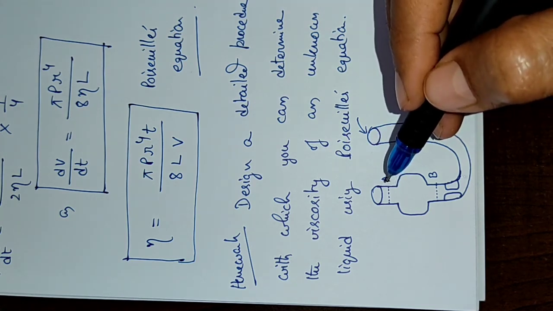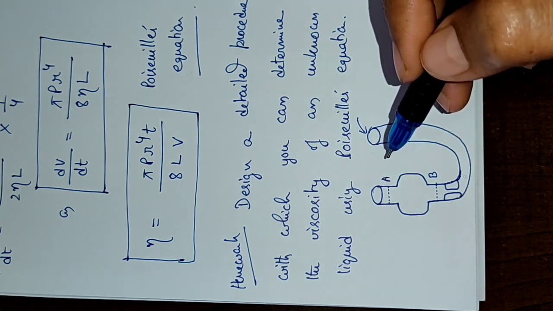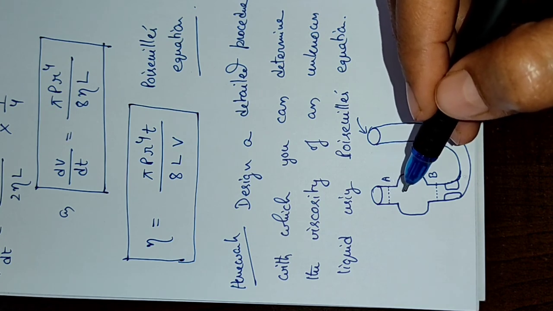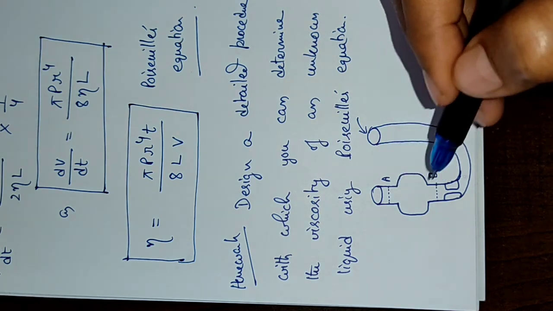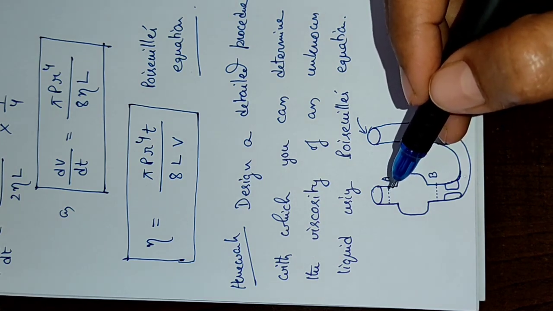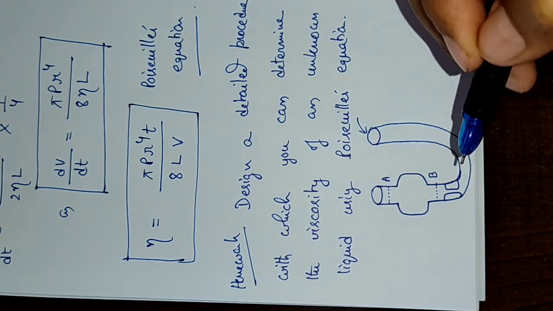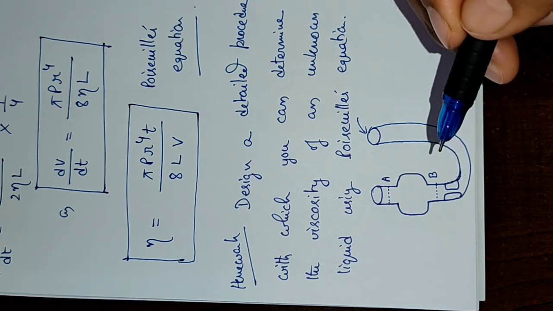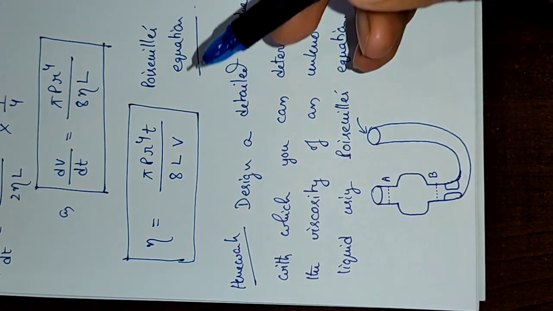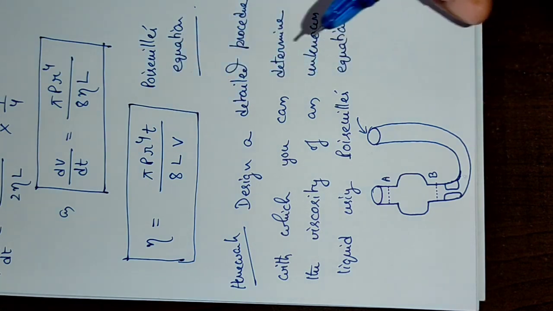When it crosses A, start your stopwatch. It comes down gradually, and when it crosses B, stop your stopwatch. Count the time required for the flow from A to B. Now here is a capillary to guarantee steady flow, since in case of turbulent flow, you cannot apply this Poiseuille equation.